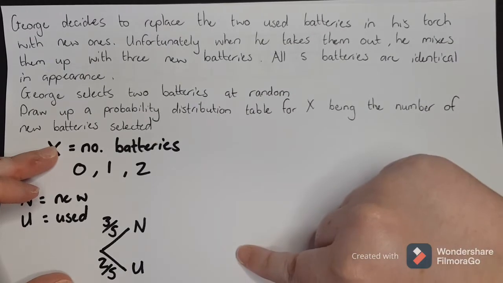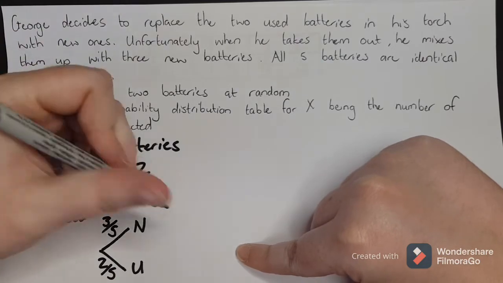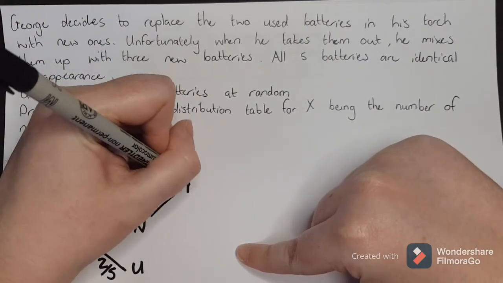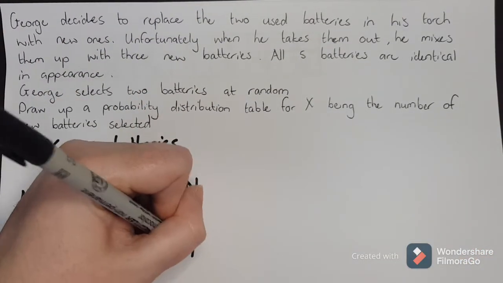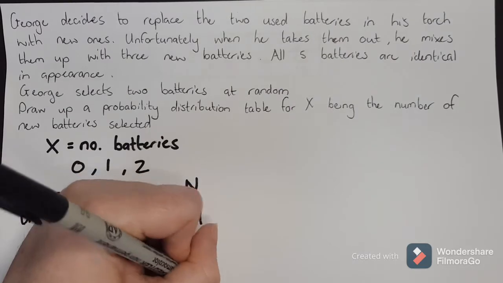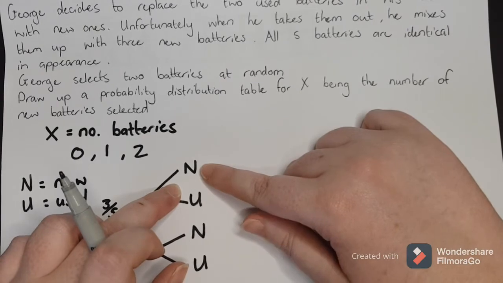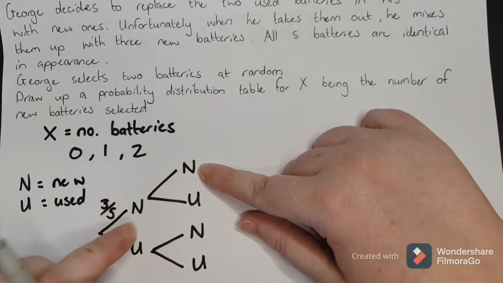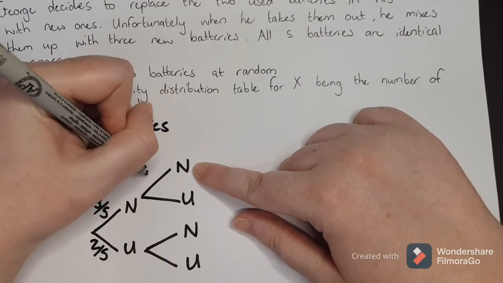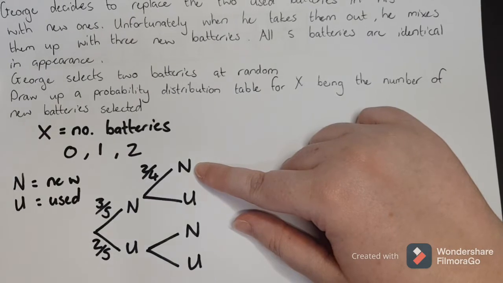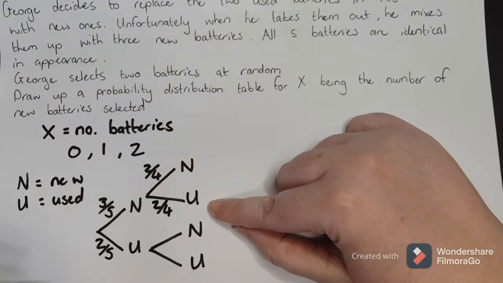Then his second pick, out of the remaining 4 batteries that he's got, he's going to pick again. And he's either going to pick a new one or a used one. So if he picked a new one first, that means he only had 2 new ones left out of the 4, and he still had 2 used ones left out of the 4.